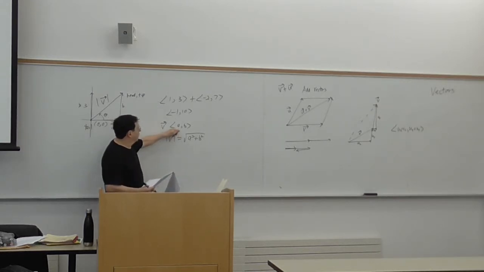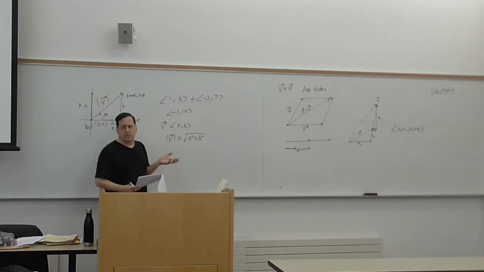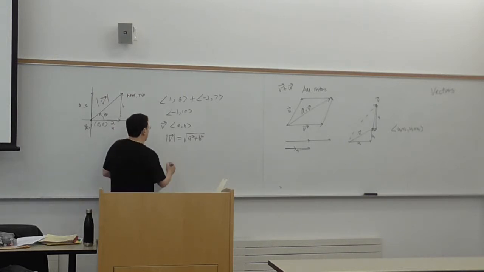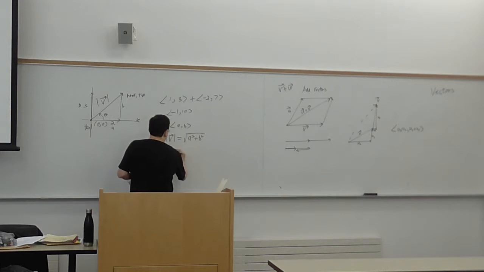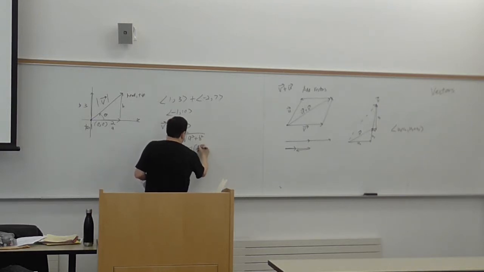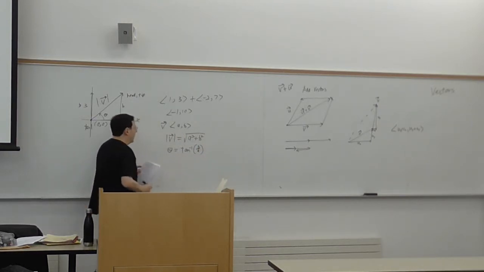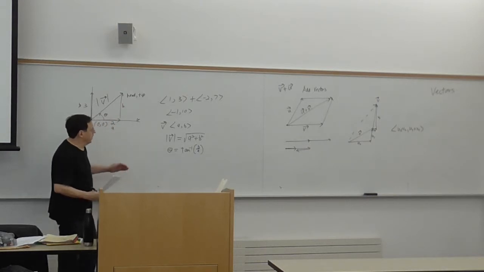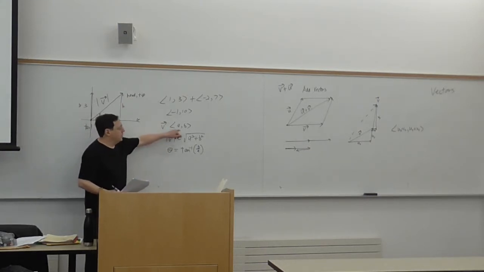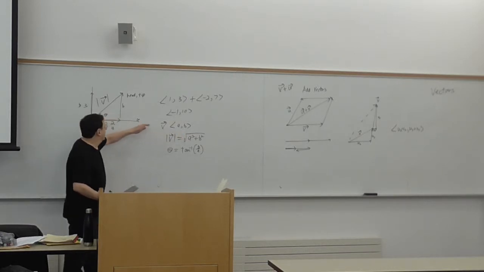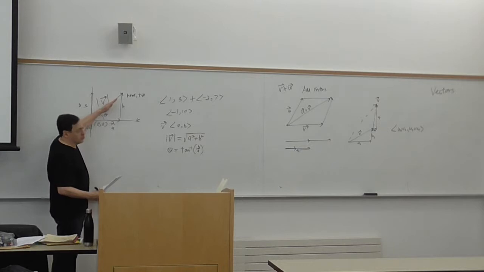We can extract the angle. We know that theta is going to be the inverse tangent of the y over the x component. However, we have to be a little careful now. a and b can be positive or negative. So we have to keep track of the fact that if they're both positive, it will be in the first quadrant, and our arctan function would give us the right value.